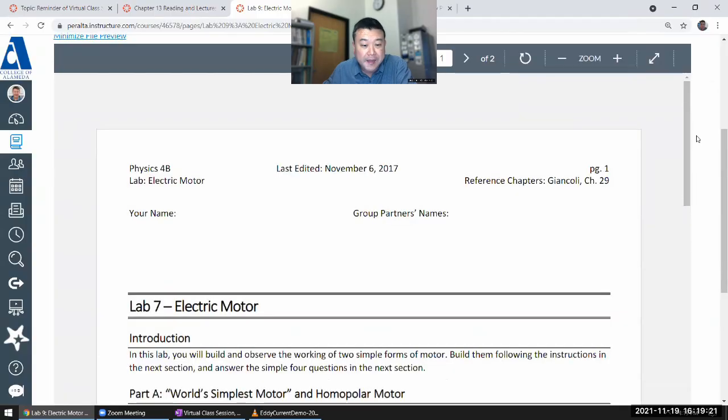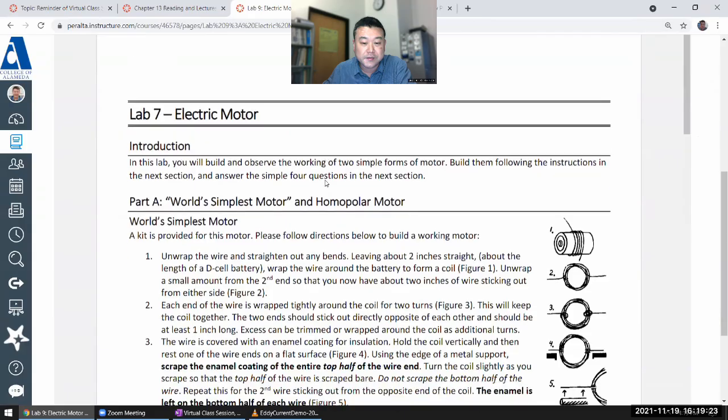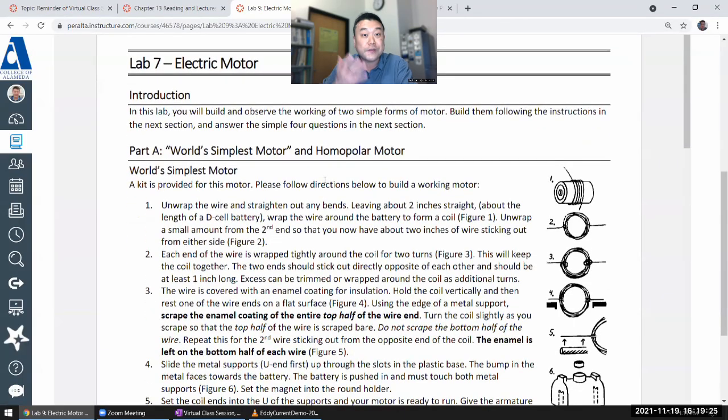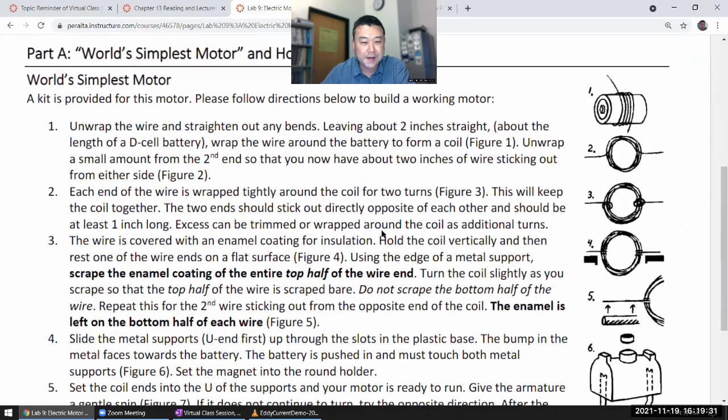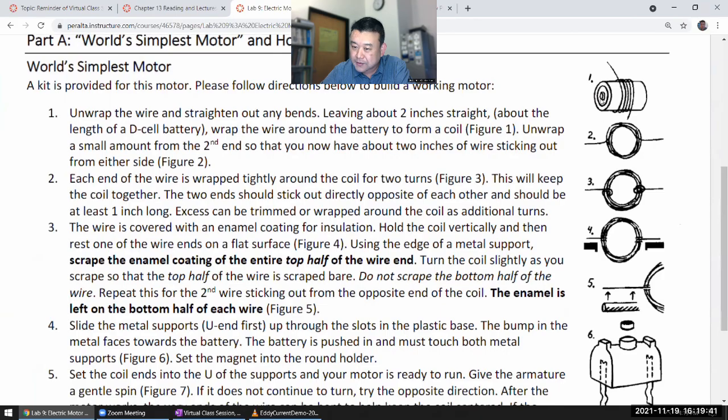It's a two-part lab. It's got two different sets of equipment. One of them works with what's called the world's simplest motor. That's the kit provider's name. If you just Google search world's simplest motor, you'll find it.